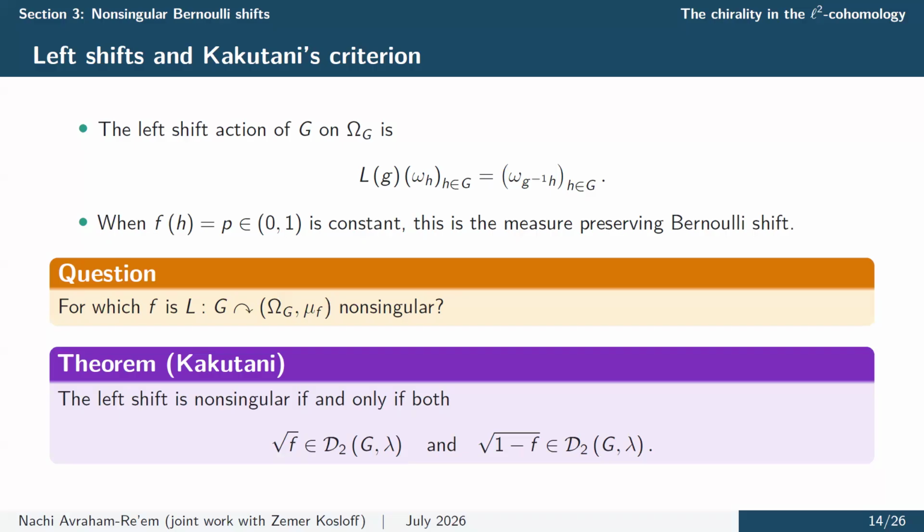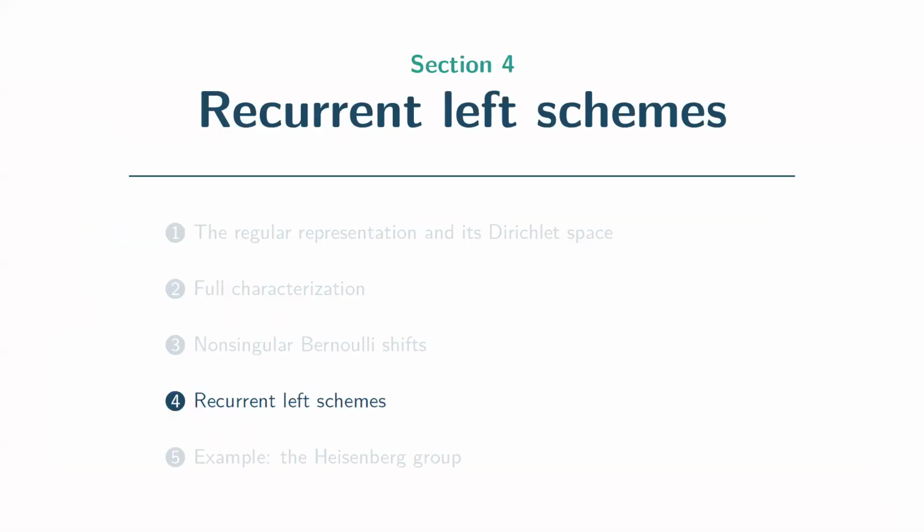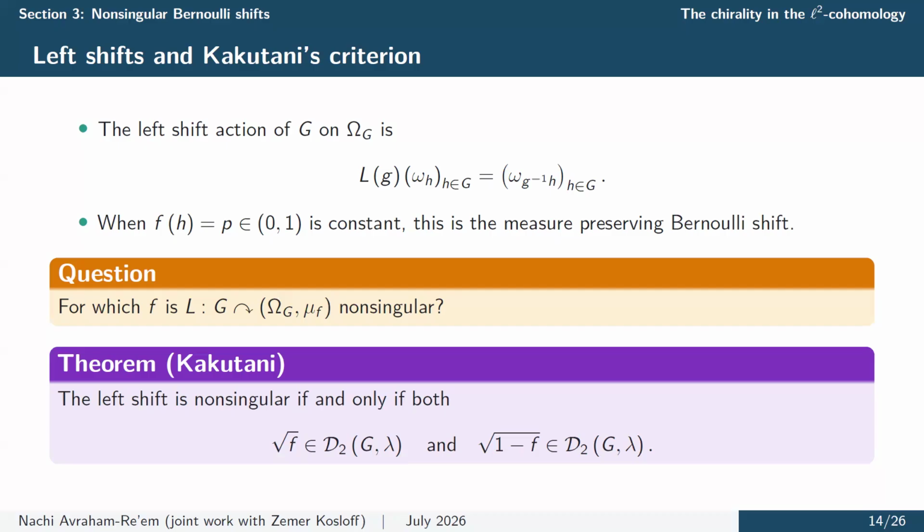Take any configuration of marginals we want, and we have the Kakutani criterion that tells us when it is non-singular for the left shift. And analogously, one can formulate this criterion for the right shift. Now, our motivation was to construct left non-singular but not right non-singular. And this does give us that, but I want to construct more than that.